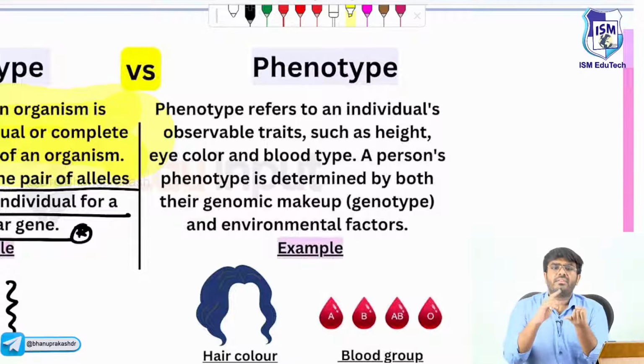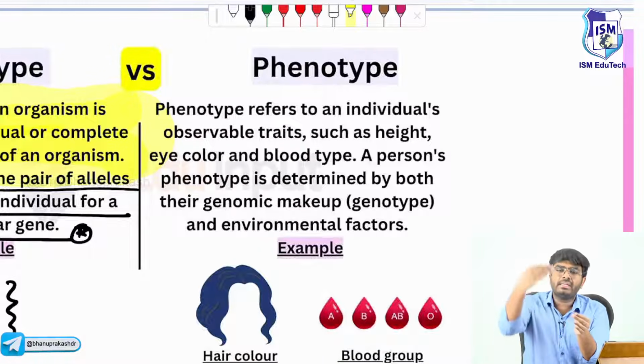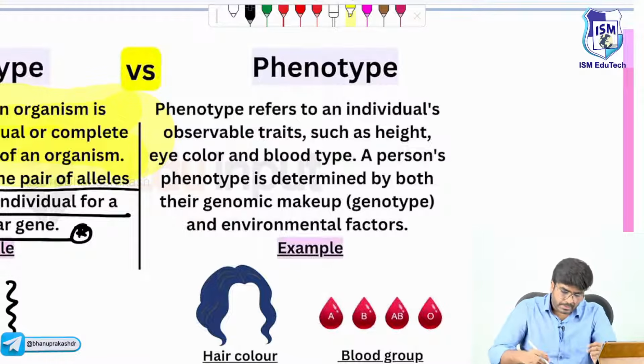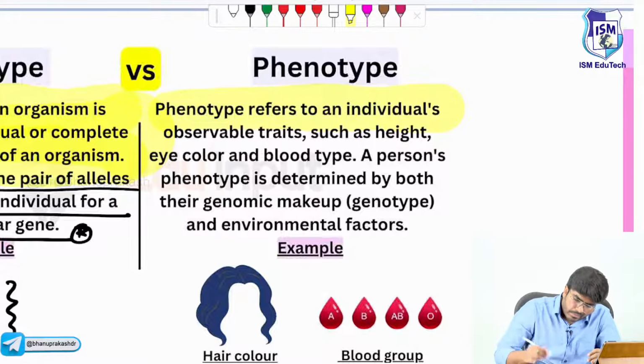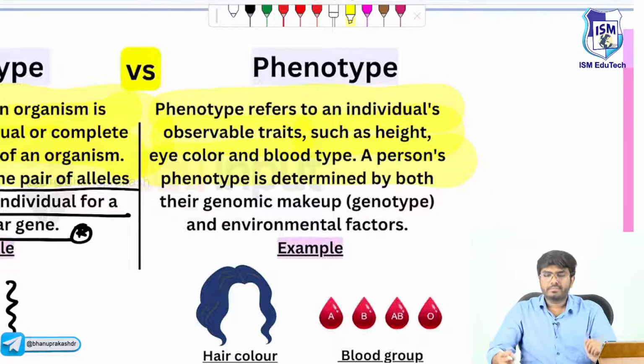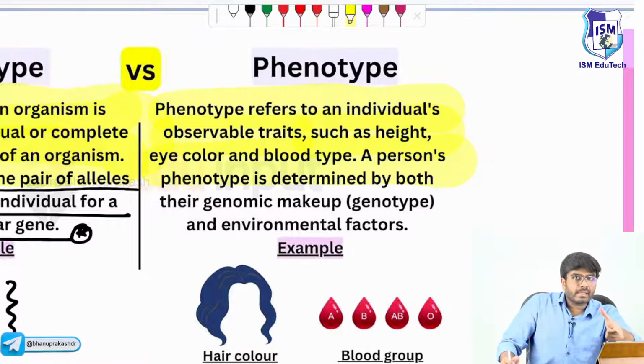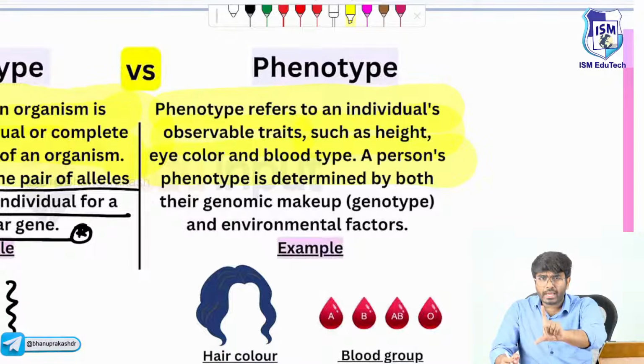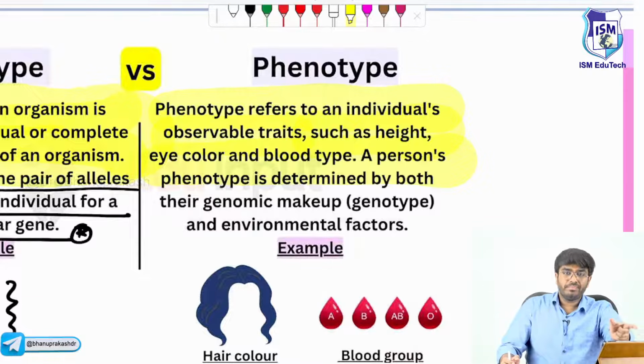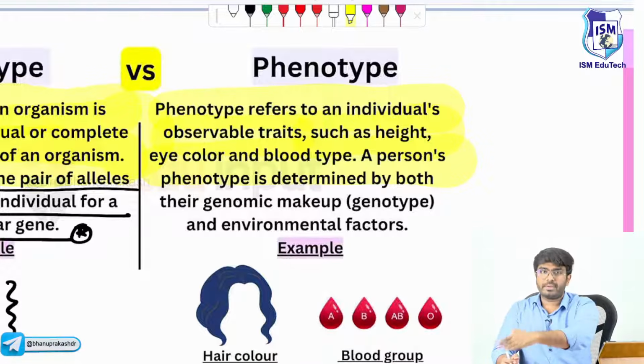The type of blood, AB blood grouping, the hair color, the eye color, the skin color, the height of the person, what is getting expressed. Phenotype refers to an individual's observable traits such as height, eye color, blood type. Phenotype is determined by the genotype. It's the genes that determine what is getting expressed.